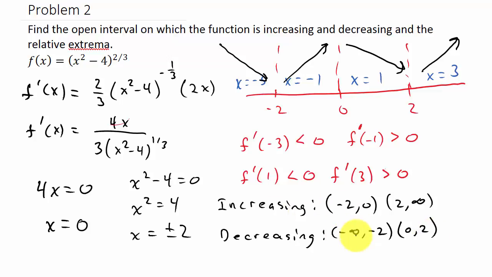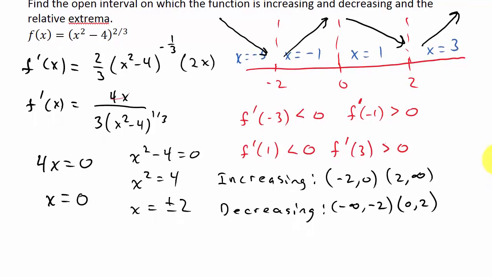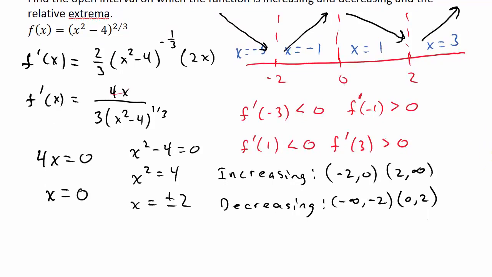Now let's look at our relative extrema, find relative maxes and mins. Alright, so if we look at this, we can see that it's decreasing until it gets to -2, and then when it gets to -2 it starts increasing.